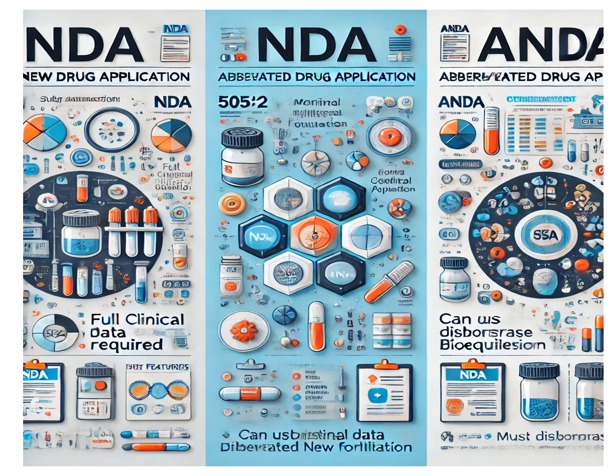While 505(b)(2) is somewhat different from the NDA and also from the ANDA, so it is also known as a hybrid type of application. Now we will see in the upcoming slides those differences and similarities.